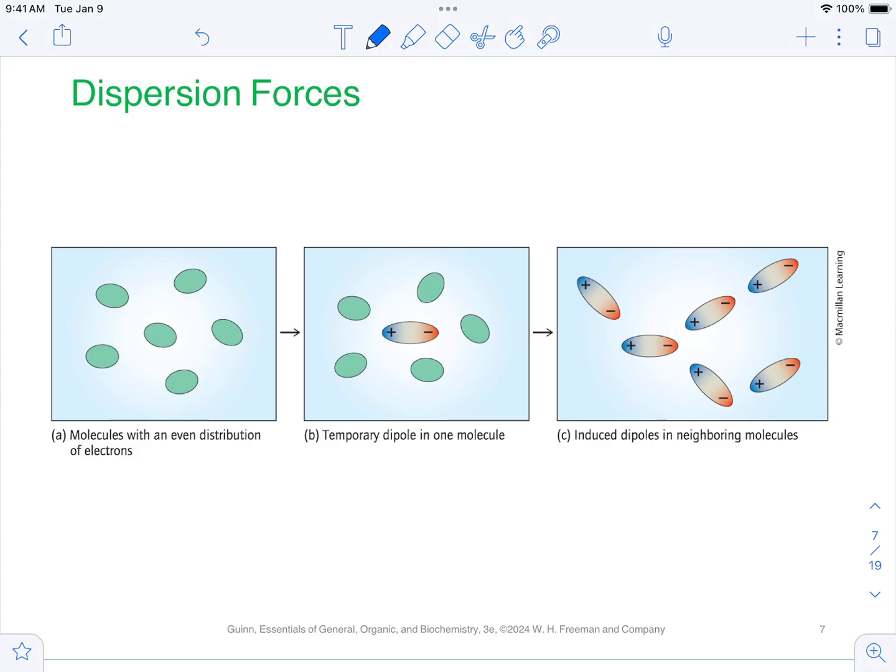If you have a temporary dipole, notice how you have your positive and your negative here. And when you get that temporary dipole, that causes the neighboring molecules to have their own dipoles. And that's what you see in part C here. And that's when all of the molecules have those plus and minuses. They will not last forever.